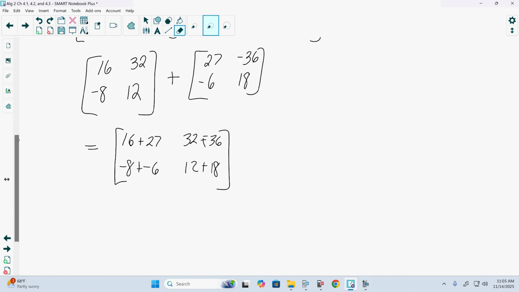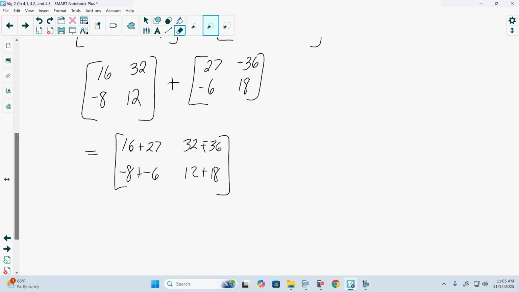Because when we go to combine it, if we didn't take the negative out, we get 16 plus 27. I think you got 16 minus negative 27, which gives us the same thing. Instead of having 32 plus negative 36, you have 32 minus 36.